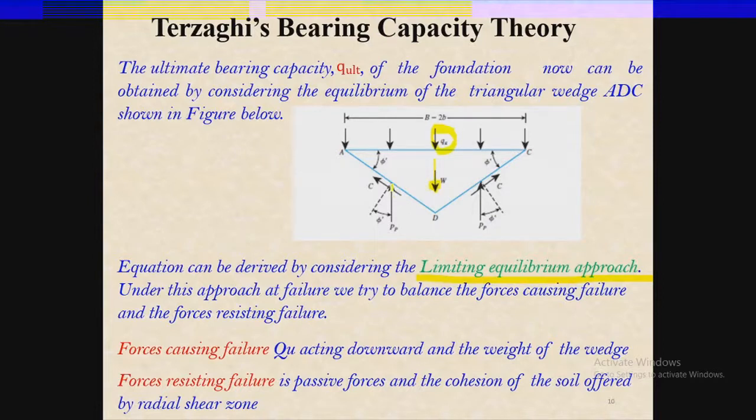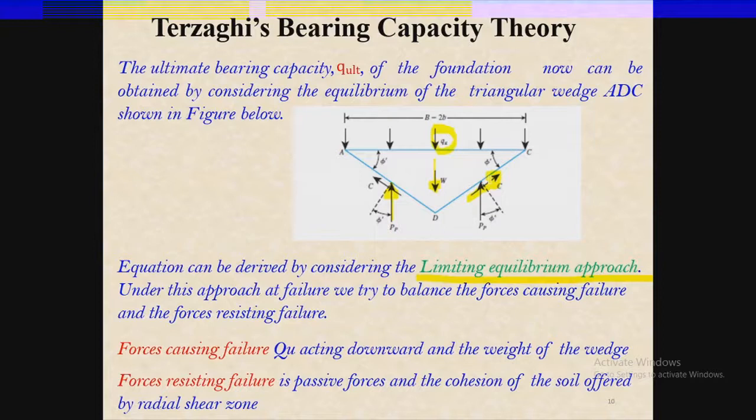So these are the two disturbing forces which are causing the failure. And now you can see this PP, which is the force exerted by the passive zone, and this C along the surface, which is the cohesion of the soil. So these are the two resistive forces.